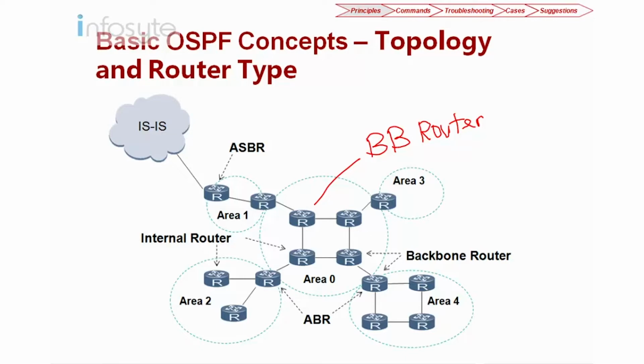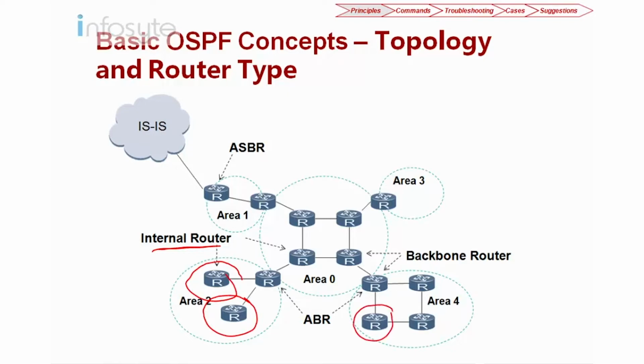We also look at the ABR, the area border routers, which communicate between area 0 and the non-backbone areas. And we also have internal routers. Routers within the non-backbone areas we call internal routers.